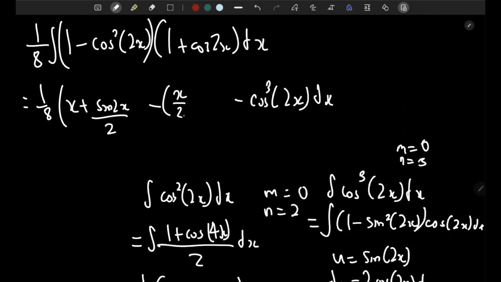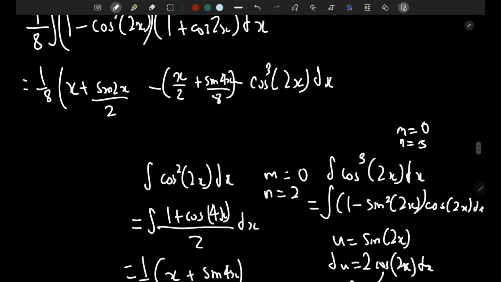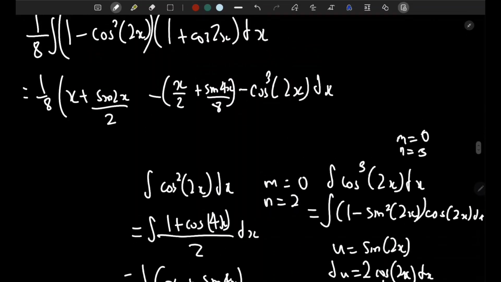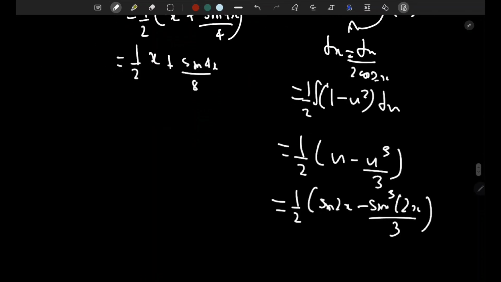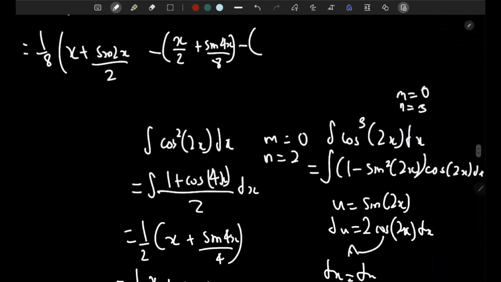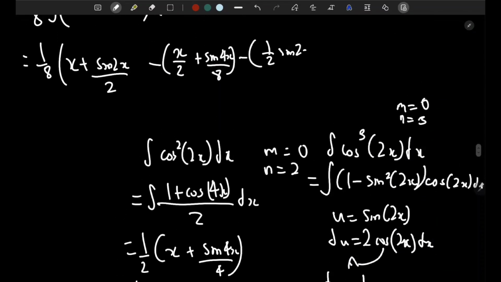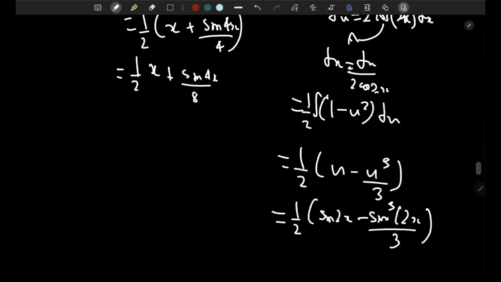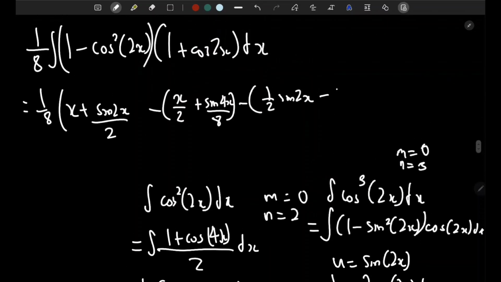Half x, 1x over 2 plus sine 4x over 8. Let me just recheck that. Yeah. And this part over here that we just did was half sine 2x minus sine cube 2x over 6.